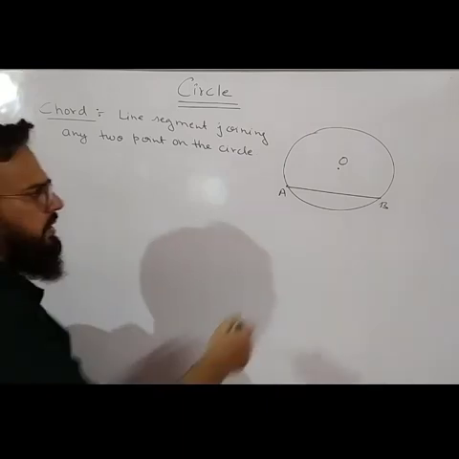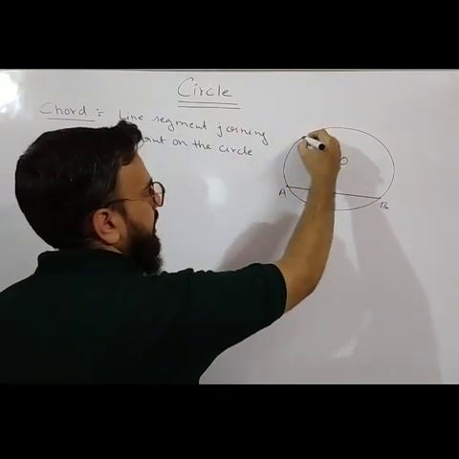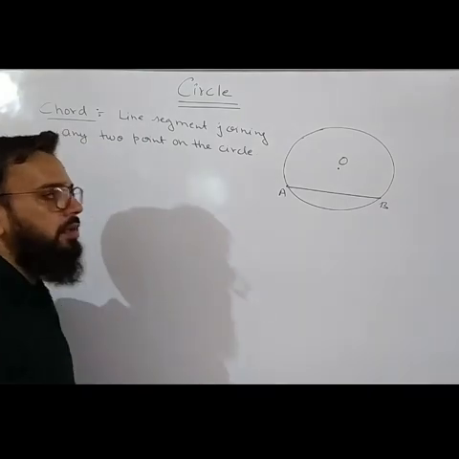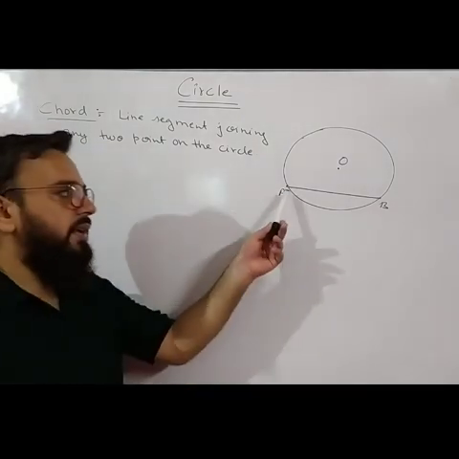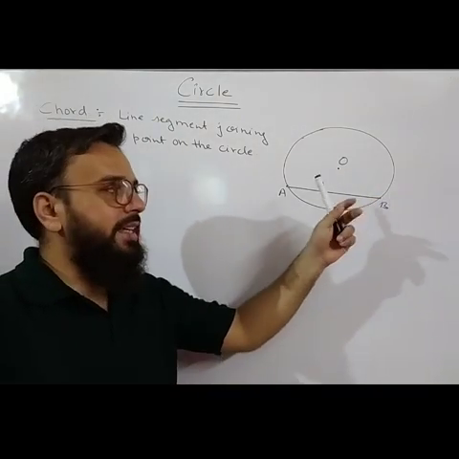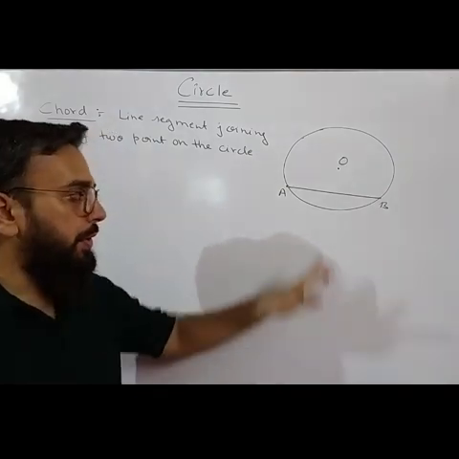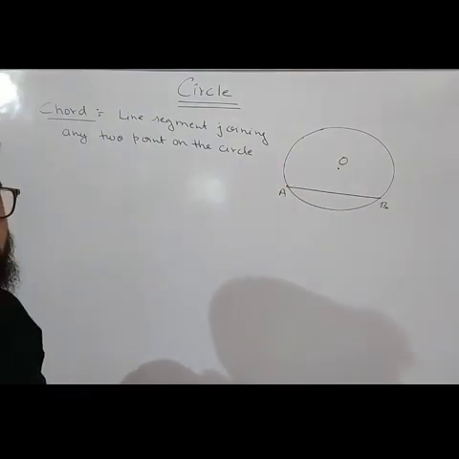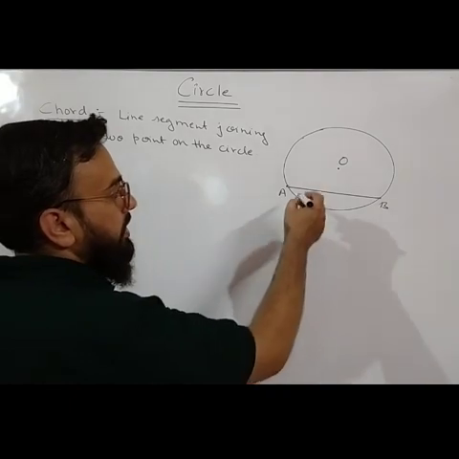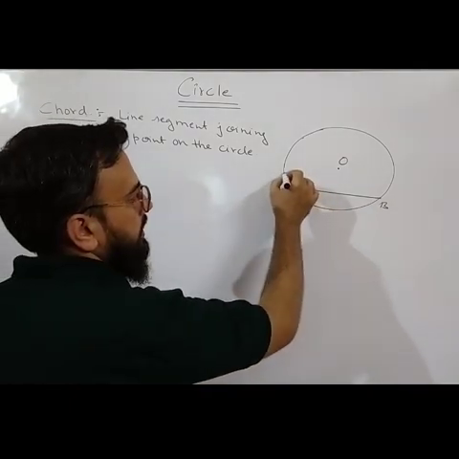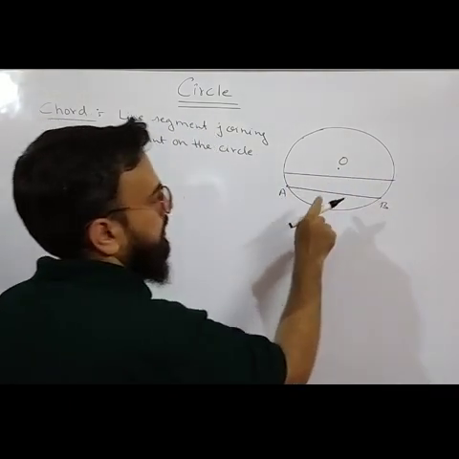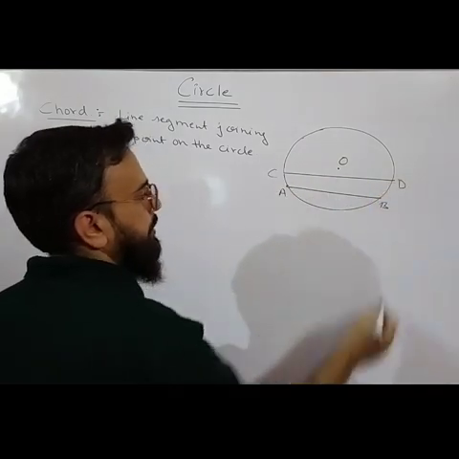A circle may have an infinite number of chords because a circle has infinite points, and by joining any 2 points we get a chord. But if we talk about the longest chord, if we draw the chord here, this chord CD is greater than AB.